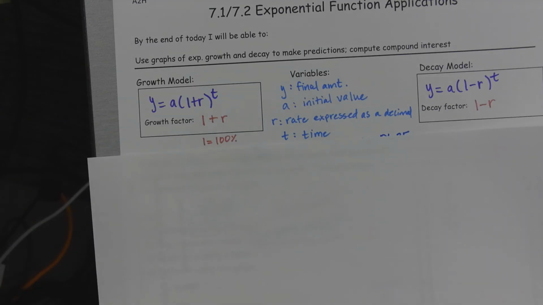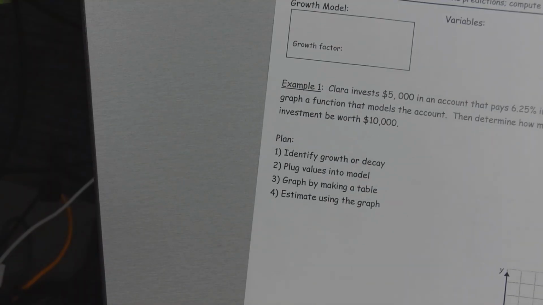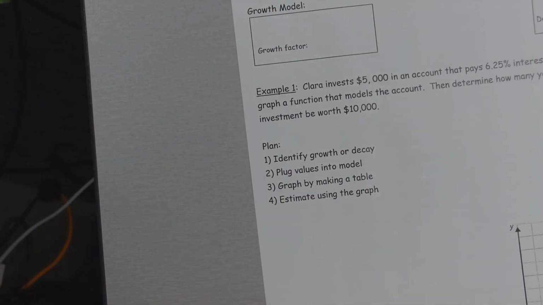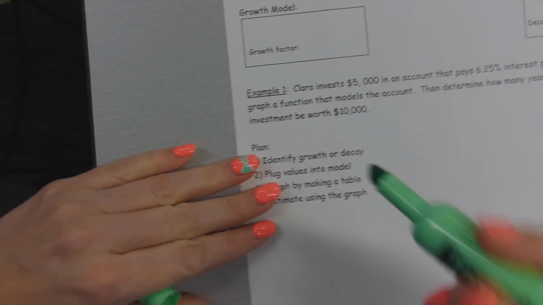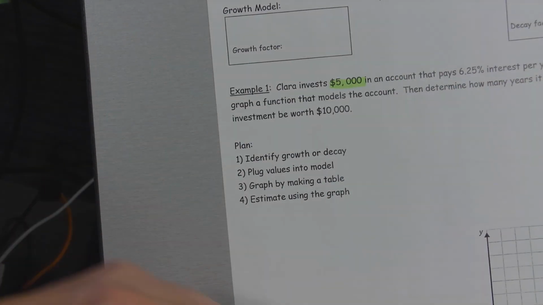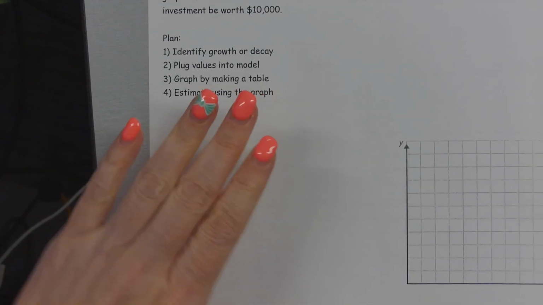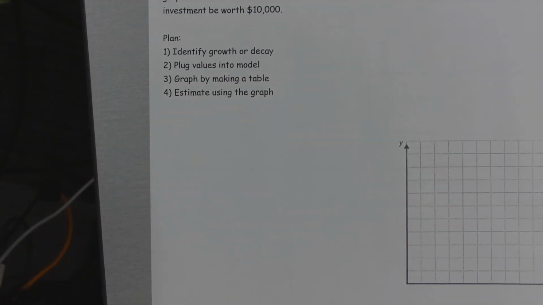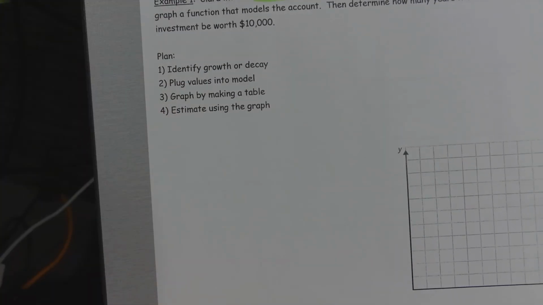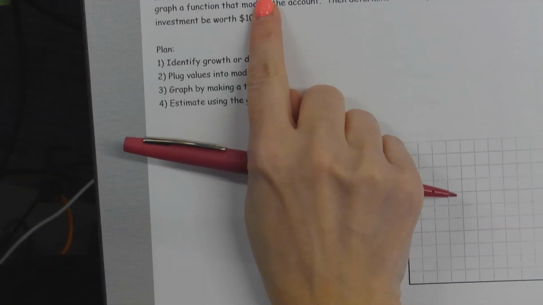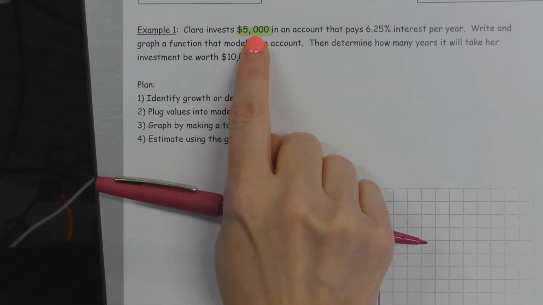All right, Rocco, give me one thing that you highlighted here. Yep, so just the 5,000, right? Because the 5,000 is going to go in for what variable? So she's investing 5,000. That's what she puts in at the start.